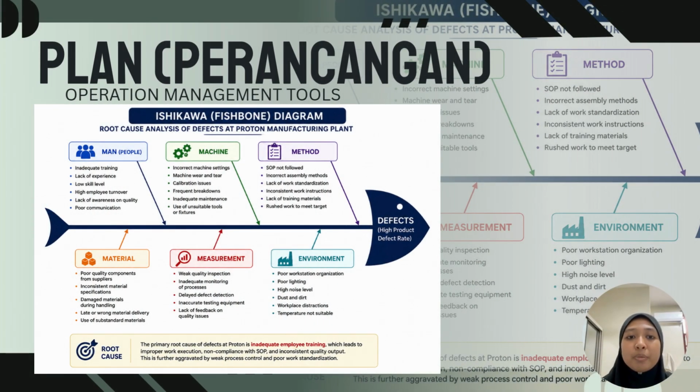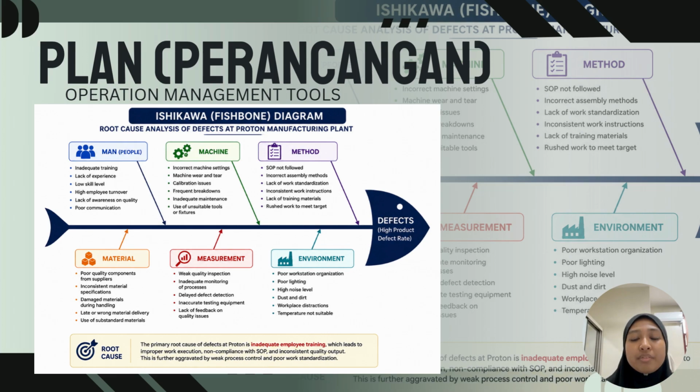waste. Next is the Ishikawa or fishbone diagram. This diagram shows the root cause analysis of defects. The causes are categorized into 6 main factors: people, machine, method, material, measurement, and environment. Among these factors, the people category is identified as the primary contributor. Inadequate employee training, lack of experience, and poor understanding of standard operating procedures increase the likelihood of assembly errors and inconsistent product quality.